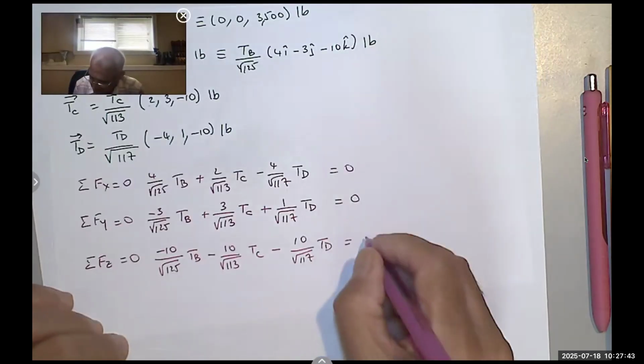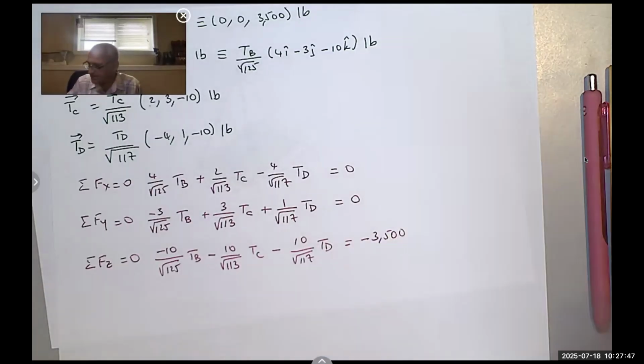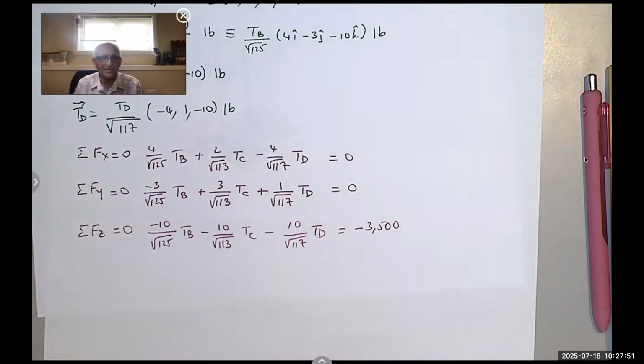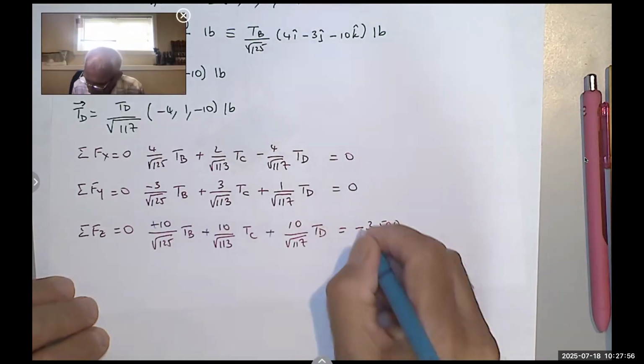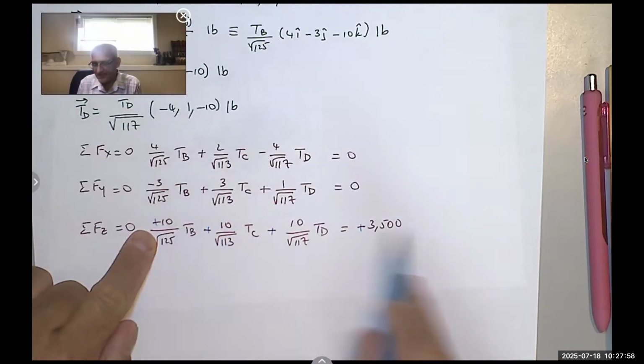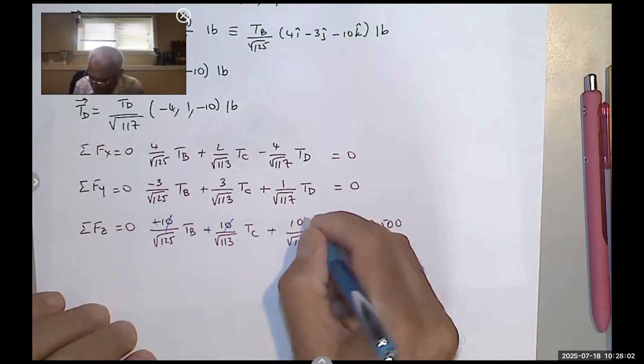So I can write it as negative 3,500. Notice that because in the bottom equation all the terms are negative, you can multiply right and left by -1 and make them positive. And since all of them can be simplified by 10, I can take this 0, 0, 0, and 0.